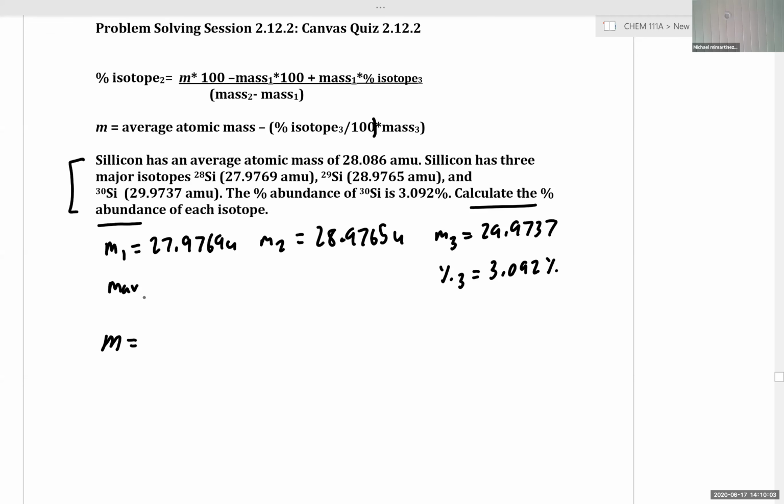We're next going to calculate our adjusted mass. Whoops, we need one more piece of data, which is the average atomic mass of 28.086 AMU.